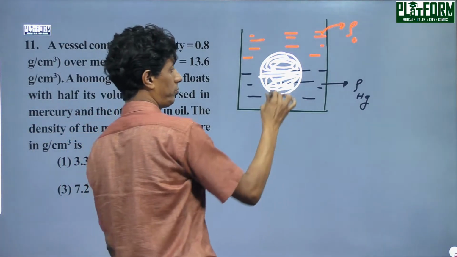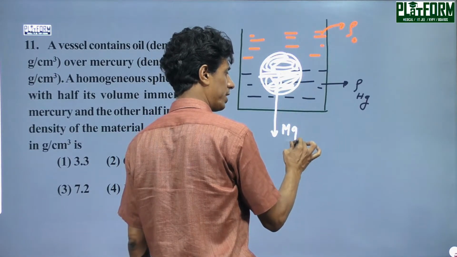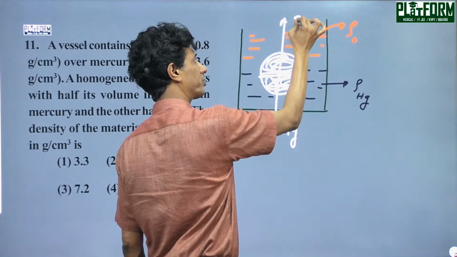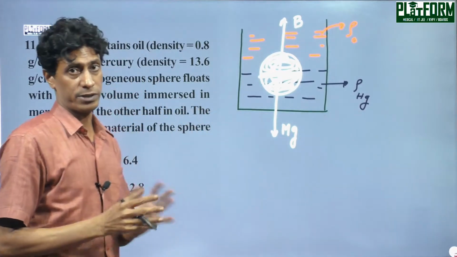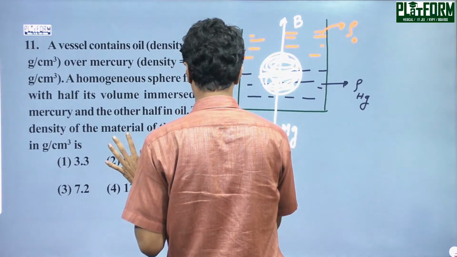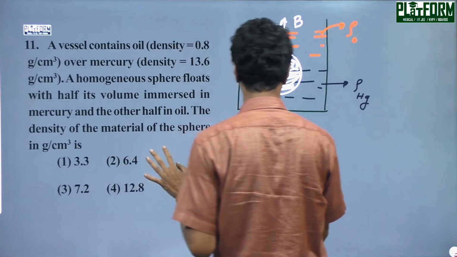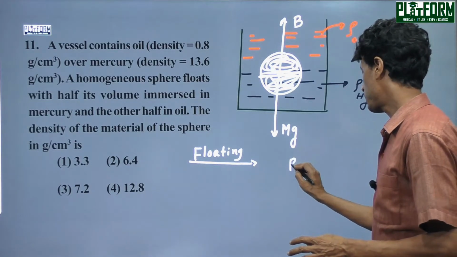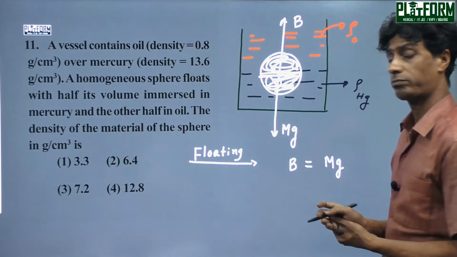You know, the weight of the body acts downward, it is mg, and the total buoyancy is B. Since this body is floating, completely immersed but floating, then buoyancy equal to the weight of the body.